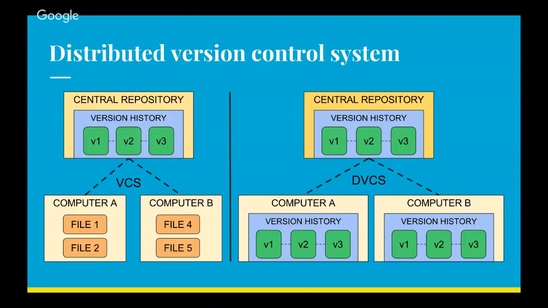It's a version control system, which means all the version history will be stored. However, each client that connects to it doesn't get the full copy. It generally gets only a partial copy. So if the central repository goes offline, the clients are pretty much stranded.